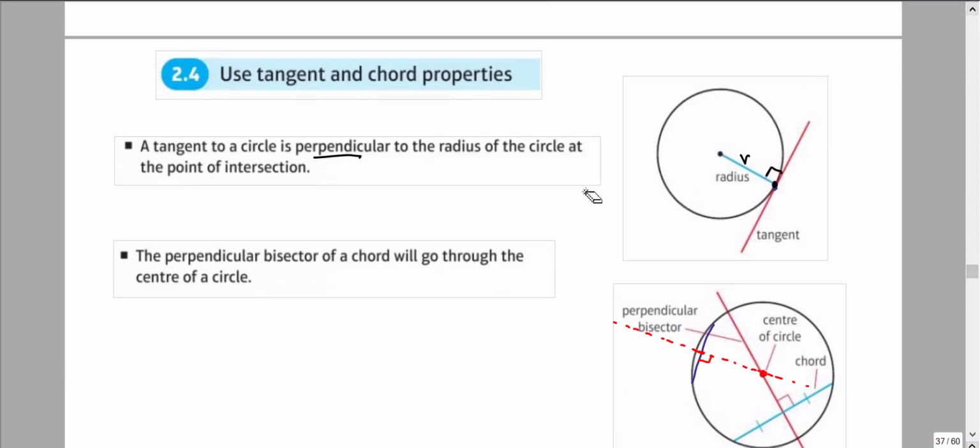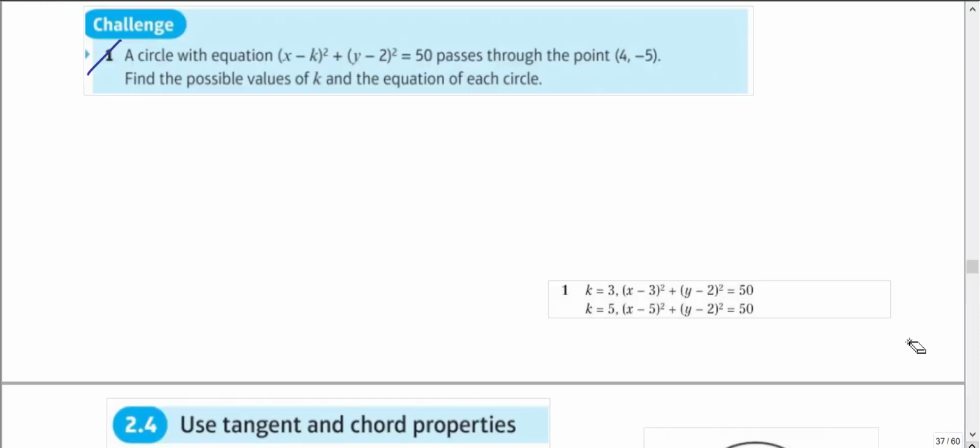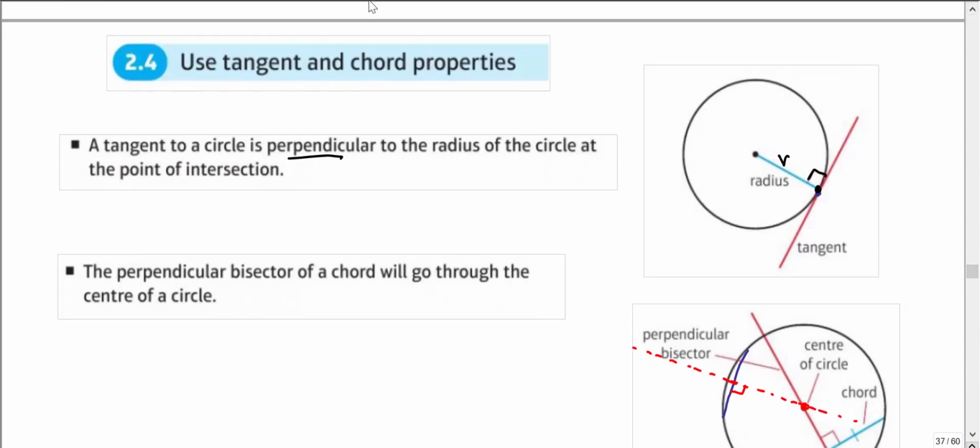Now pay attention, please. Use tangent and chord properties. Now, you should know that, Adam, this is very important.